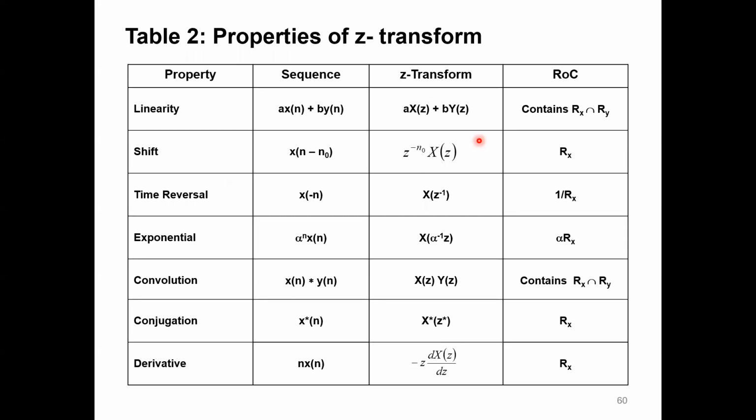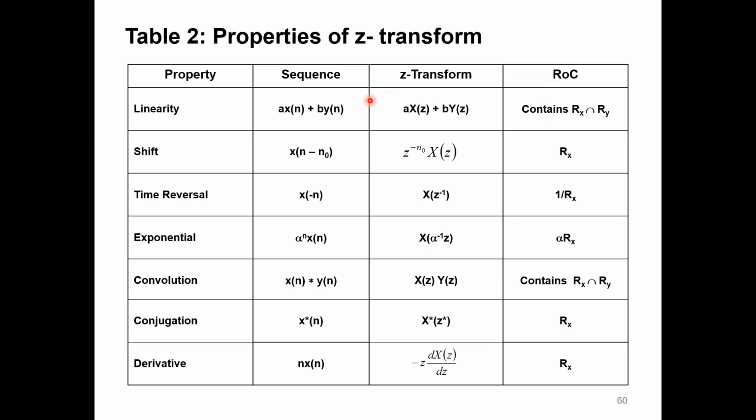And this is the table of all the properties here: linearity, shift, time reversal, exponential, convolution, everything. So this will be another reference for you. You have the two tables now. One is the standard basic z-transforms, and this one is properties.